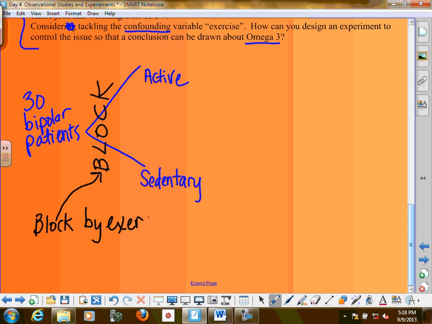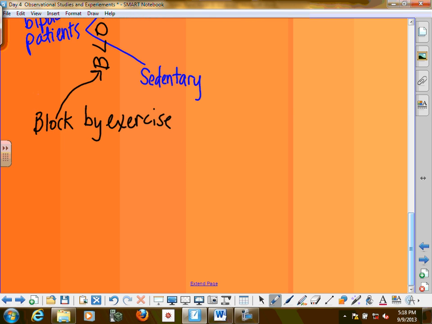Okay? So why did we choose to block by exercise? Because it is possible.